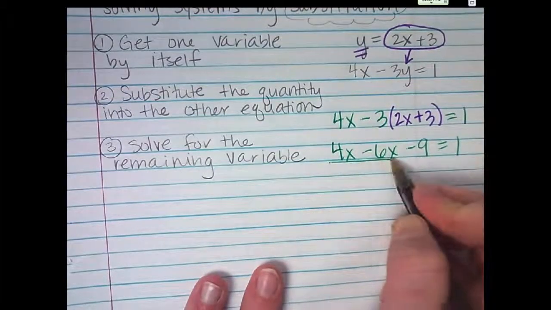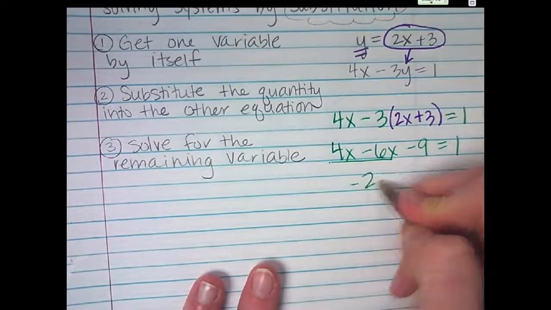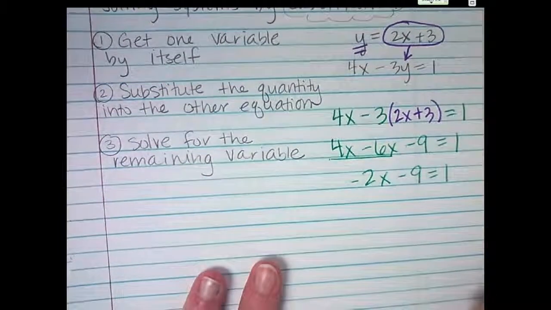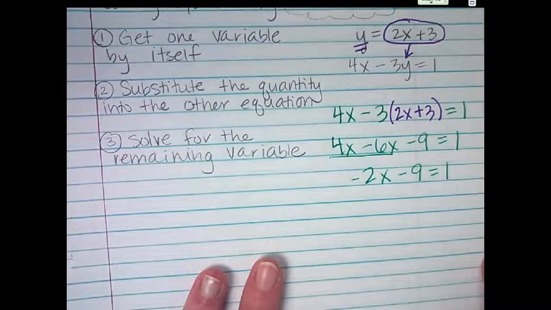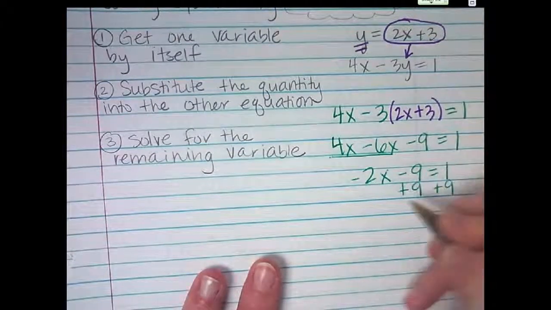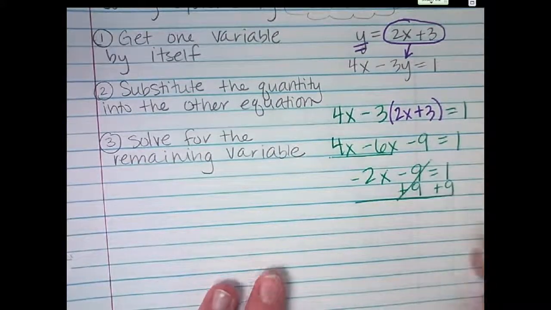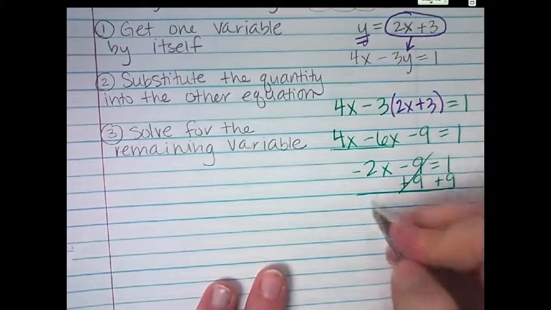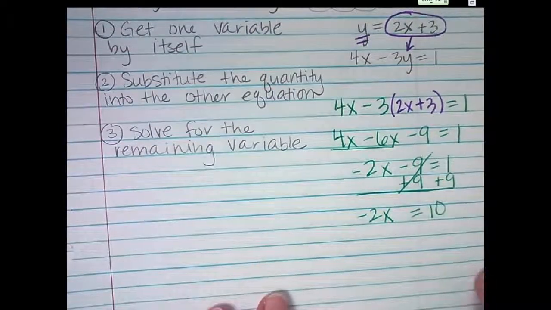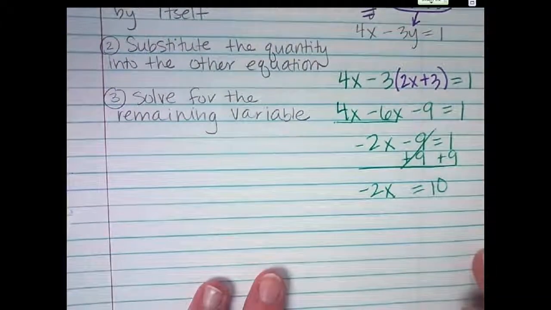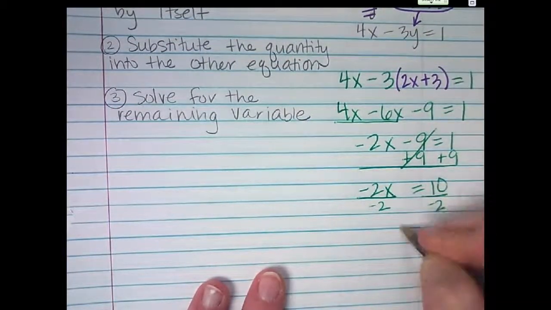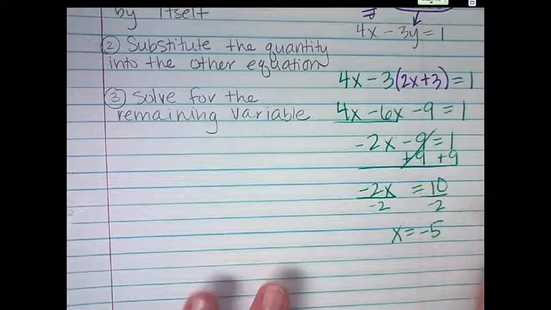So combine like terms. Negative 2x minus 9 equals 1. Add over the 9. So negative 2x equals 10. How do I solve for x? Divide by negative 2. So x equals negative 5.